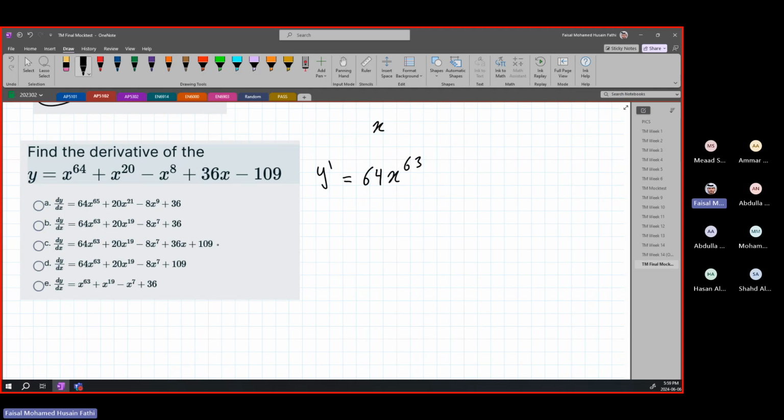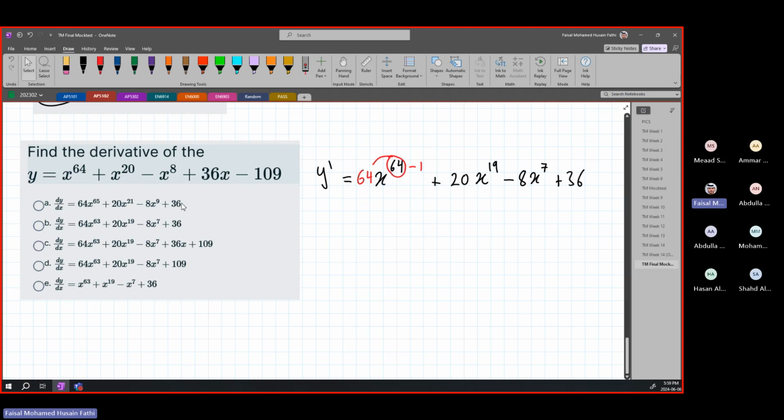Remember, your general form is n times x power n minus 1, meaning you're going to be subtracting 1 from the power and multiplying the n outside. This is 20x power 19 minus 8x power 7 plus 36, and minus 109 becomes 0. Why? Because constants, when differentiated, become 0.